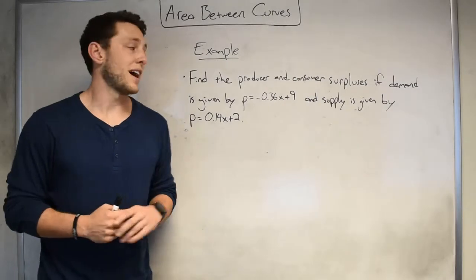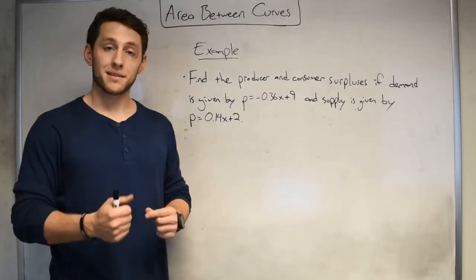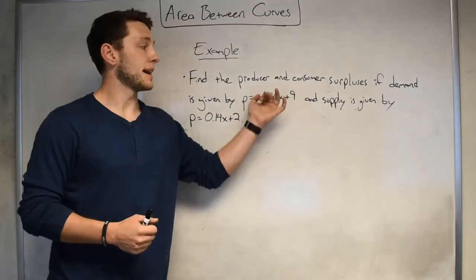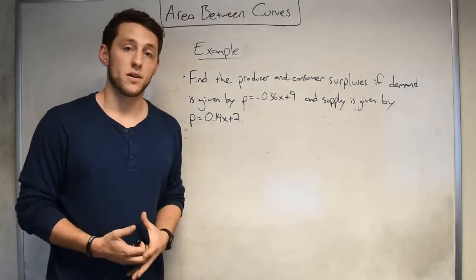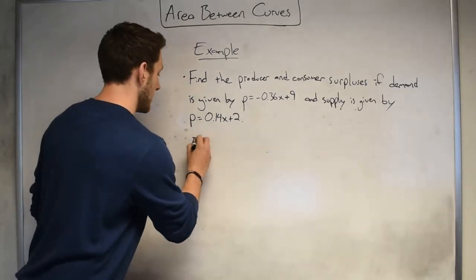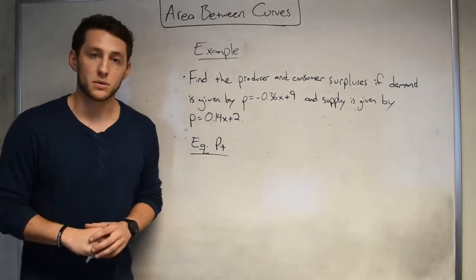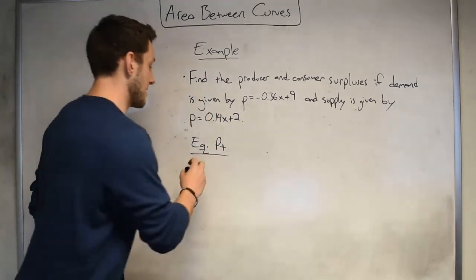Well, if we're going to find these, first off we do have a formula. That formula depends on us knowing both the supply and demand functions and then also the equilibrium point. We're not given the equilibrium point, so we have to solve for it by setting the two functions equal to each other.